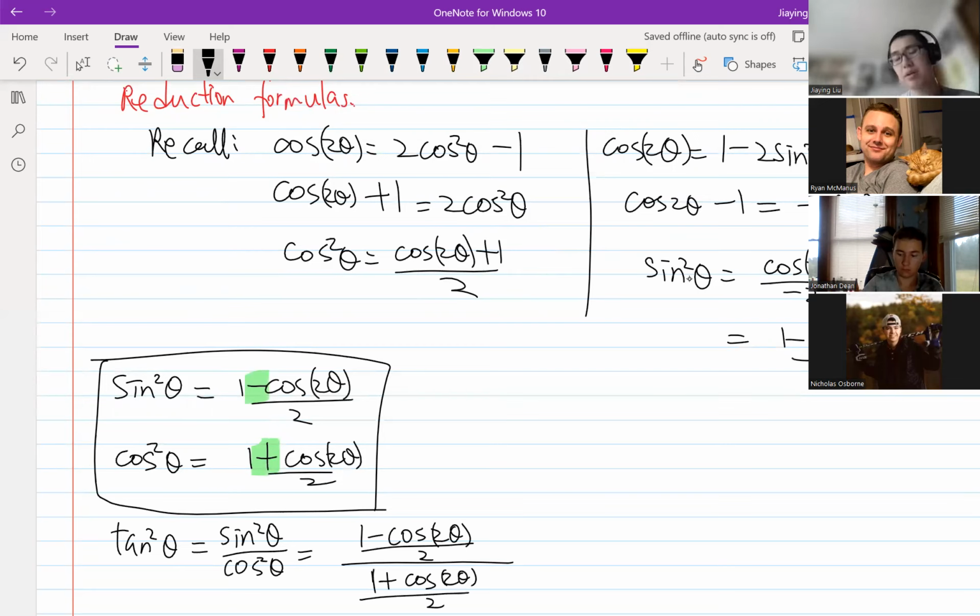Now, since both of them are divided by 2 in the numerator and denominator, we can multiply by the reciprocal, or we can take a shortcut, which is to multiply the numerator by 2 and the denominator by 2. So basically multiply by 2 over 2. And that way the denominators in both numerator and denominator get canceled. And we just end up with 1 minus cosine 2 theta over 1 plus cosine 2 theta.